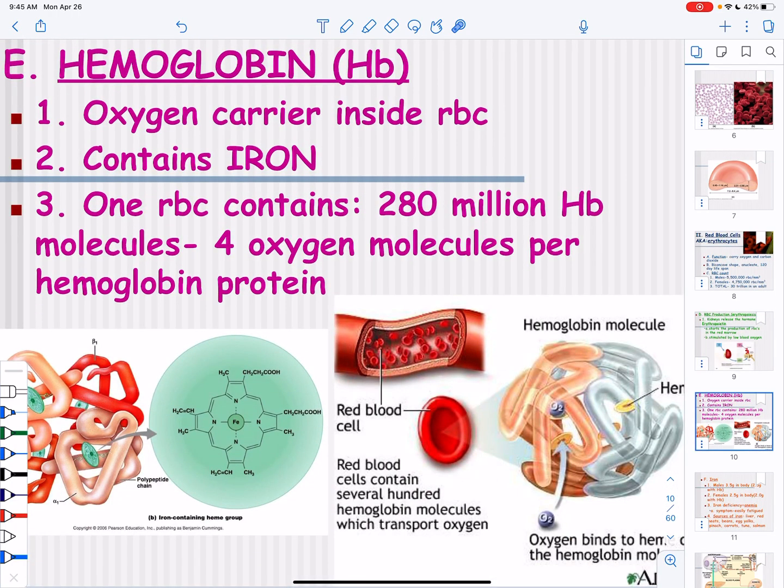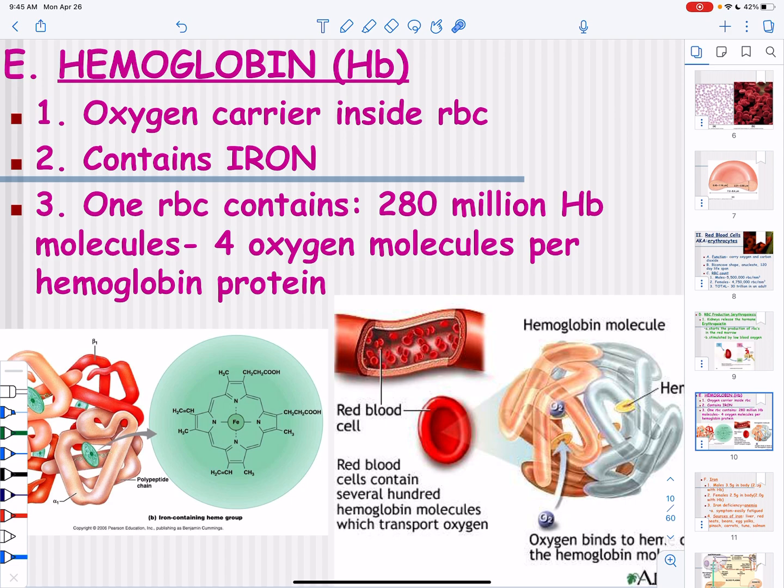Now, what about these red blood cells? These red blood cells are based in hemoglobin. Hemoglobin is known as HB. This is the oxygen carrier inside the red blood cell. Okay, so if I were to ask you what part of a car holds the gas, you would say the gas tank. What part of the car makes it move down the road?